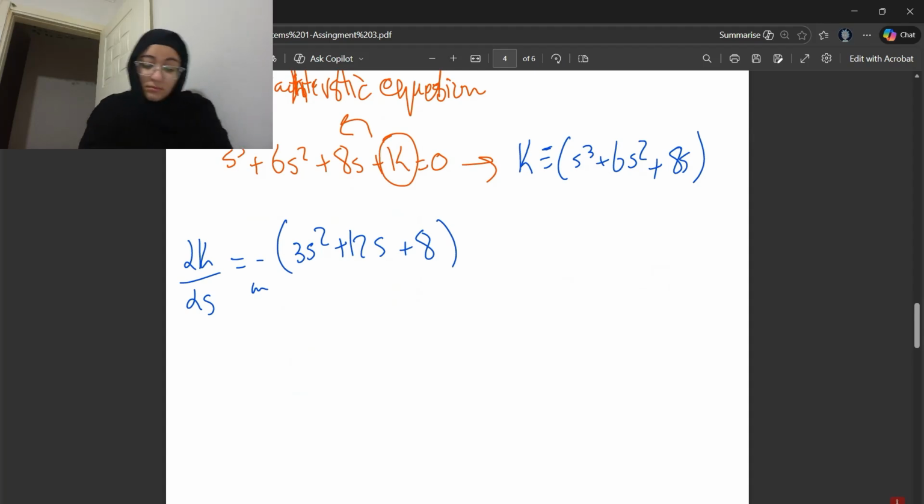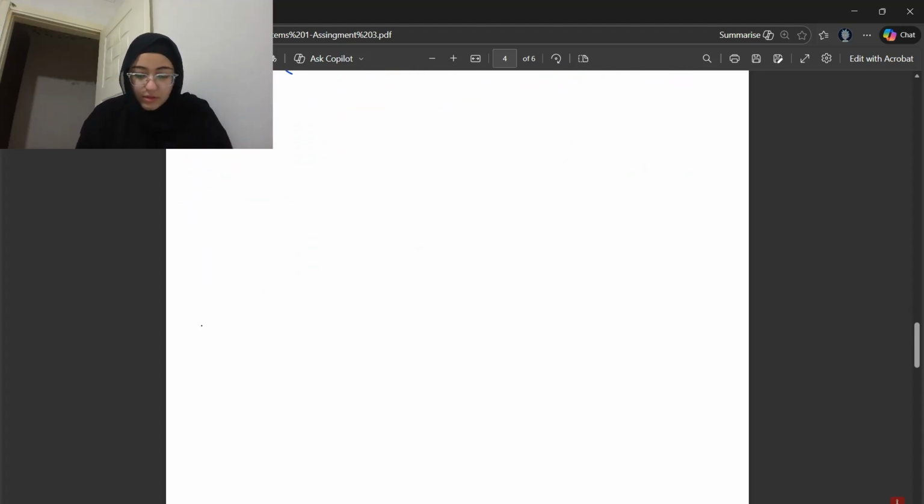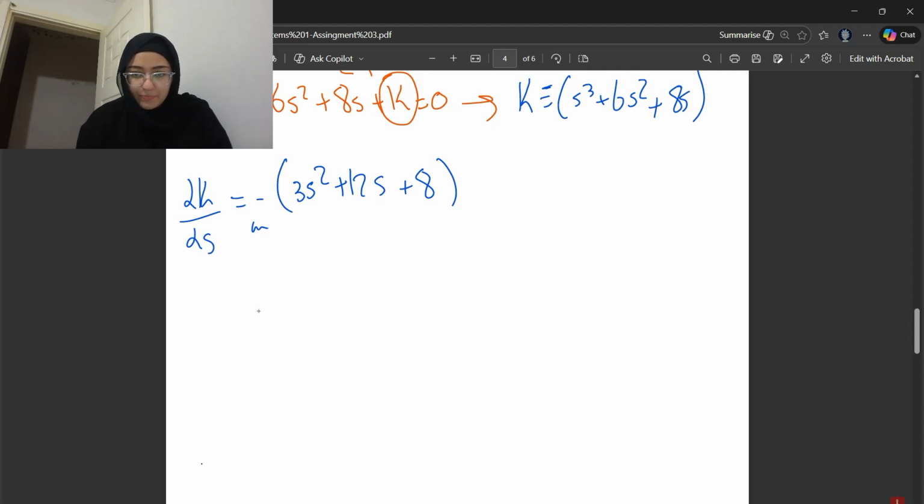For 3, 12, 8, the first root is s equals -0.845 and the second is -3.154.